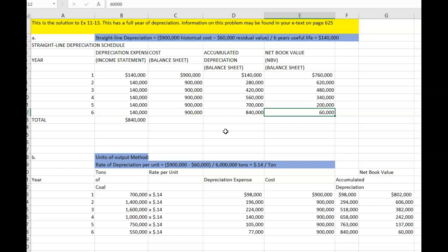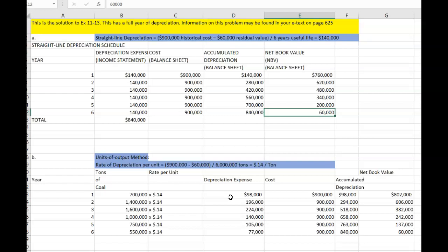So there's an estimate at the beginning of the project, just like we do for straight line. We estimated the salvage value of $60,000, and an estimate of 6 million tons of coal that would be depleted over this asset's life. So it ends up being a rate of 0.14 per ton.